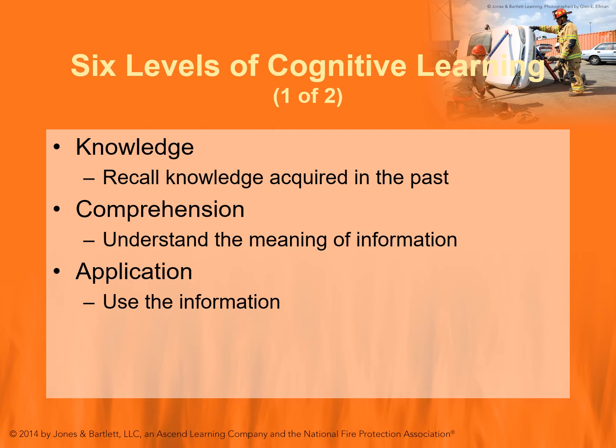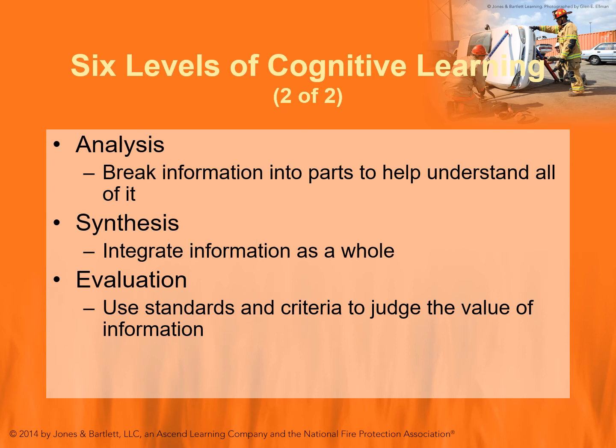First, we begin with knowledge, or the recall of knowledge that is acquired in the past. Comprehension is the understanding, the meaning of the information. You understand the why in the information. And then the application, which is actually using the knowledge and the comprehension and using that information.